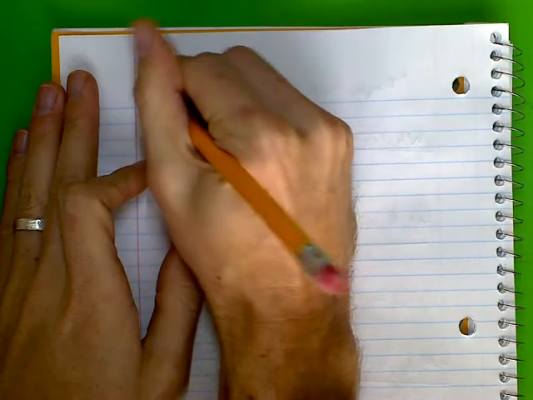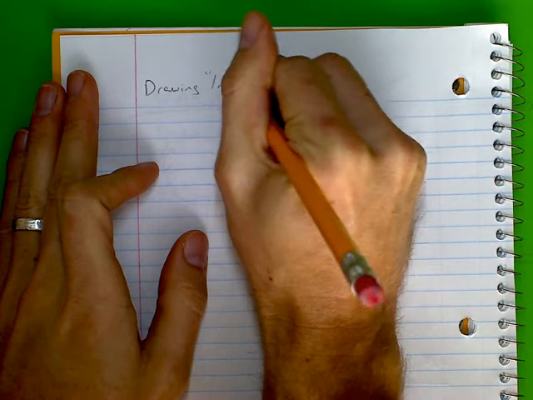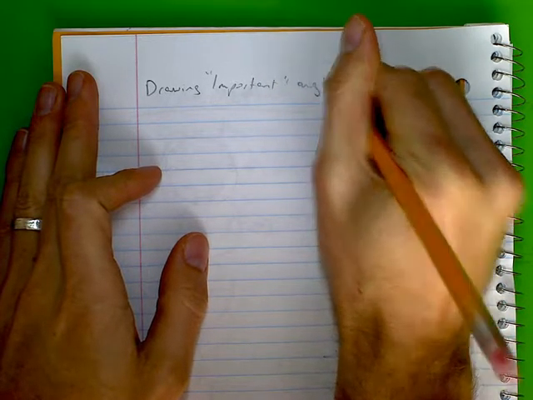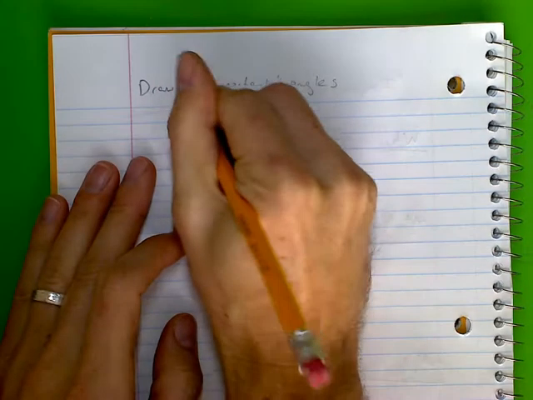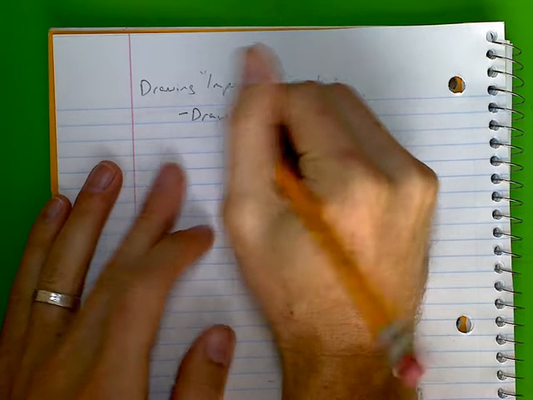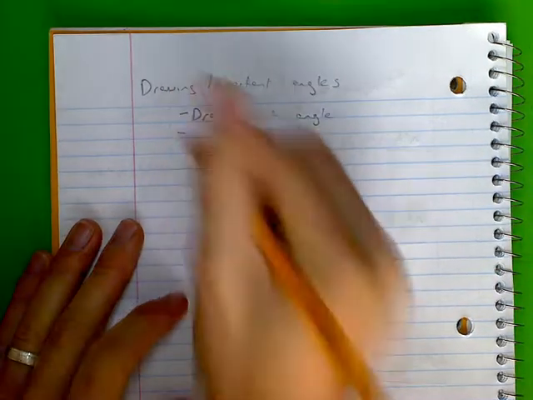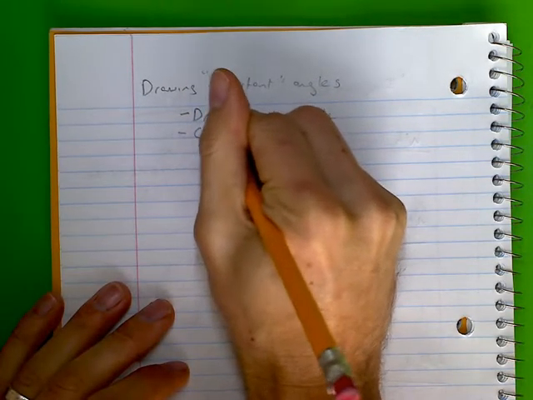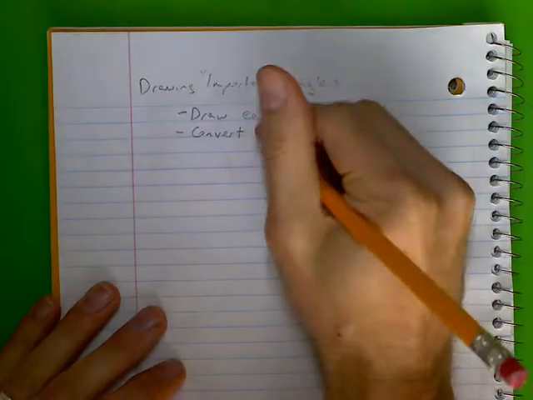So for these important angles, we want to not only draw them, in other words, locate them, but we also want to be able to convert easily between degrees and radians.